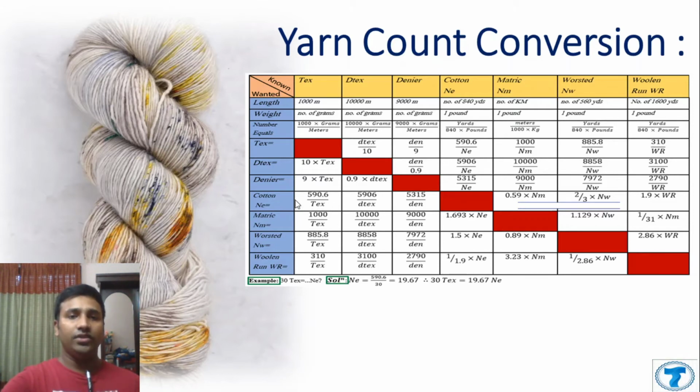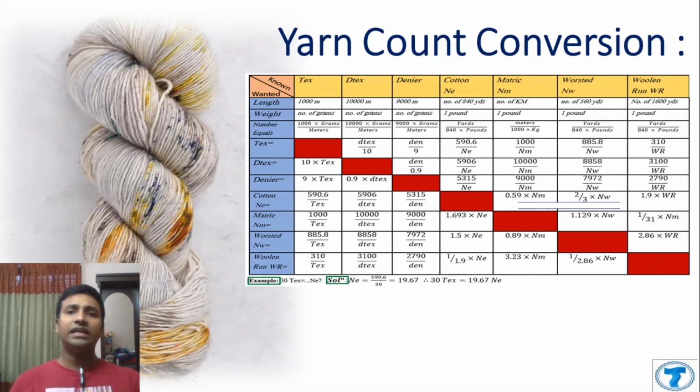That means if you divide 590.6 by the tex of that yarn, you will easily get the English count of that yarn. So to convert 30 tex into Ne, just put 590.6 divided by 30, and the yarn count in Ne will come easily.